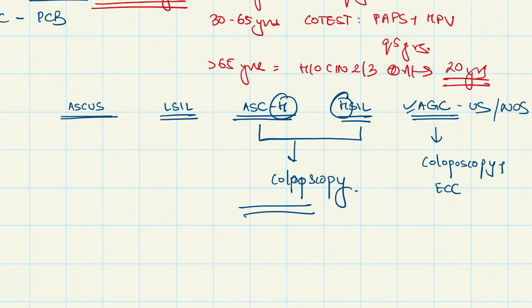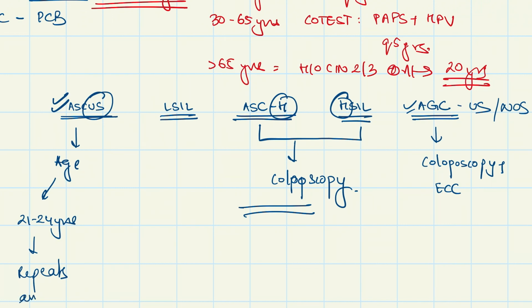Now let us see about ASCUS, right, which is atypical squamous cells of undetermined significance. Here we will see the age of the patient. If the person is between 21 to 24 years of age, then we repeat the Pap smear annually. While for a person more than 25 years of age, the reflex test is done.